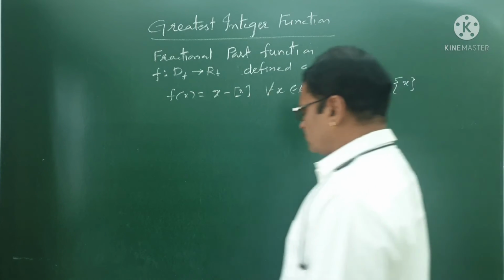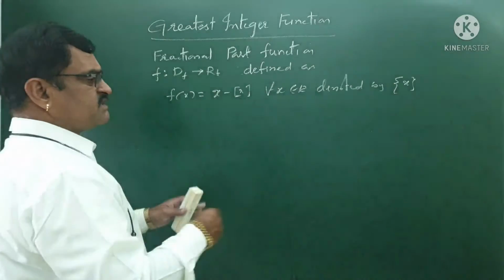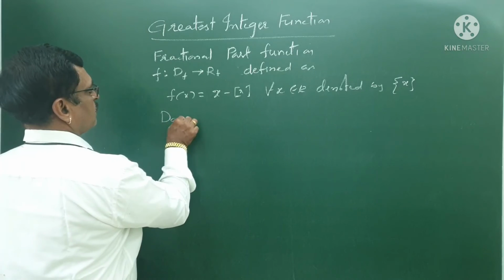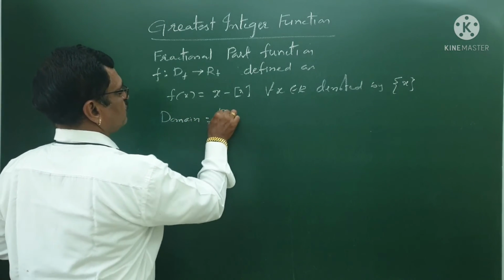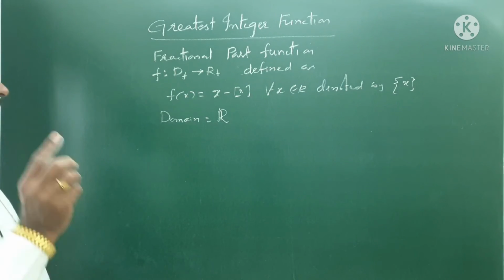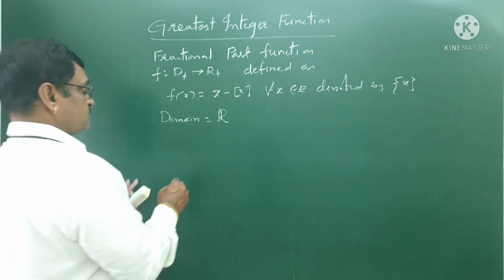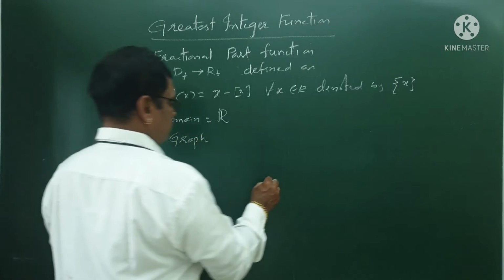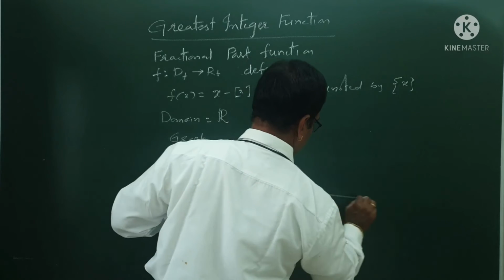Now, first of all, the domain. Domain is of course the real number set. That part is over. Now let us draw the graph for this. Next, graph. It goes like this.